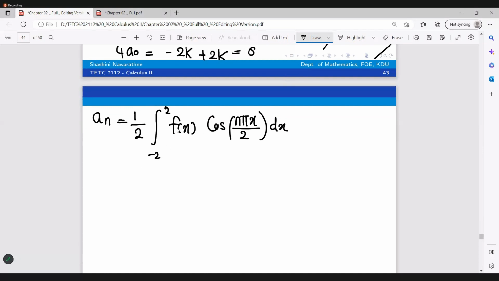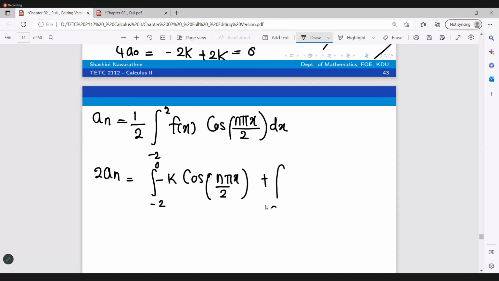So then we can write 2 a n is equal to the integral from minus 2 to 0 of minus k cosine n pi x over 2 plus the integral from 0 to 2 of k cosine n pi x over 2 dx.